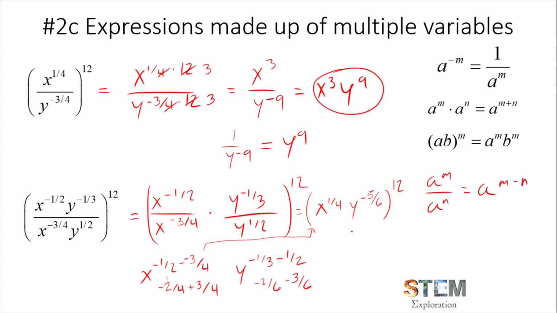And then once you get to this circumstance, we can just distribute that 12, just like we've done before, to both of these terms.